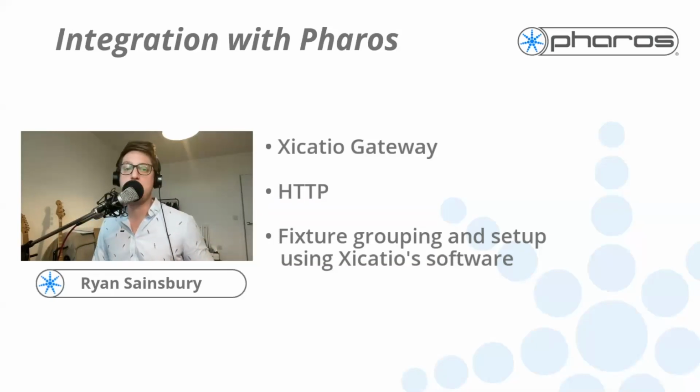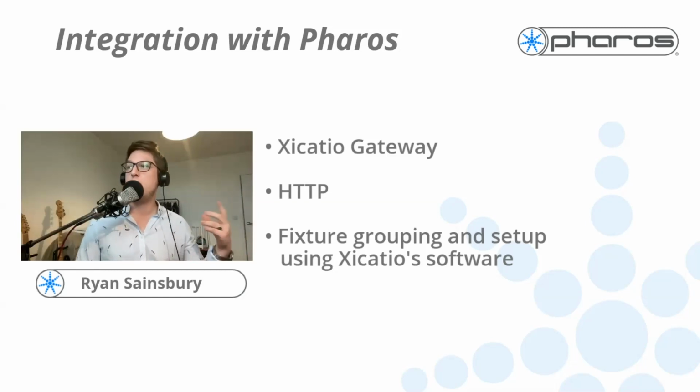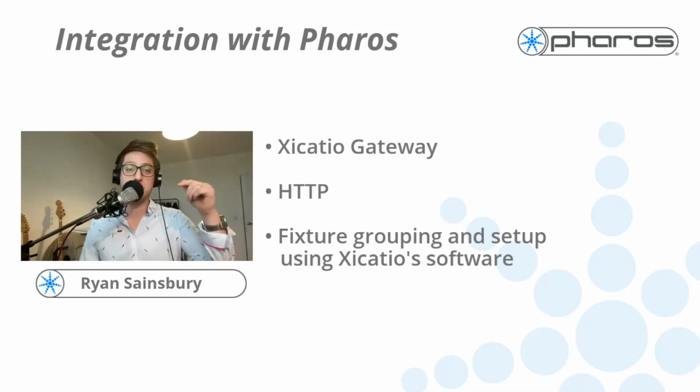Then we will simply make HTTP requests to the gateway, and the gateway will transmit those commands over the Bluetooth network. So it's really important to remember that you need that gateway in order to speak to the fixtures, and the communication between Pharos and the gateway is done via HTTP.